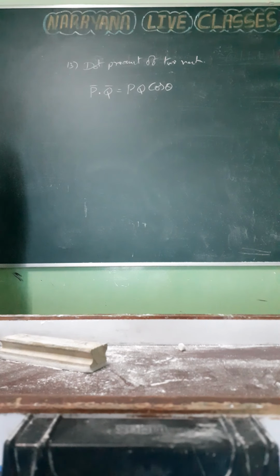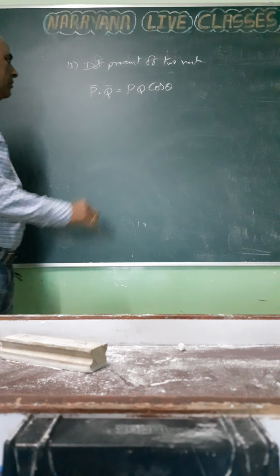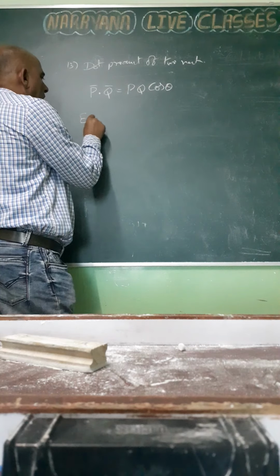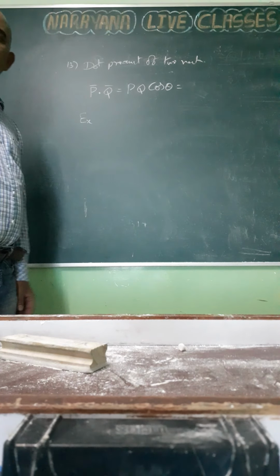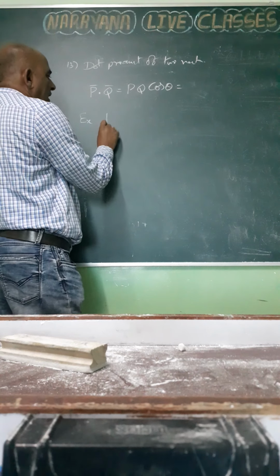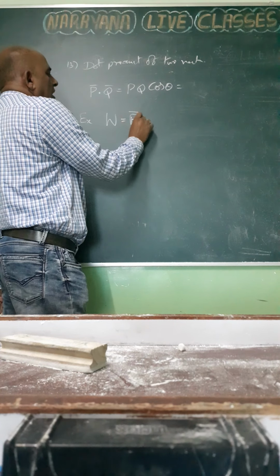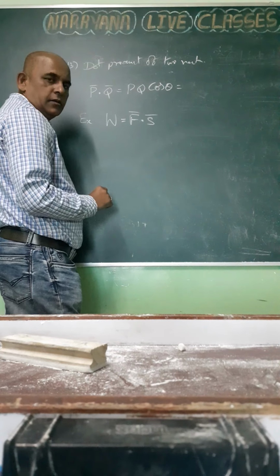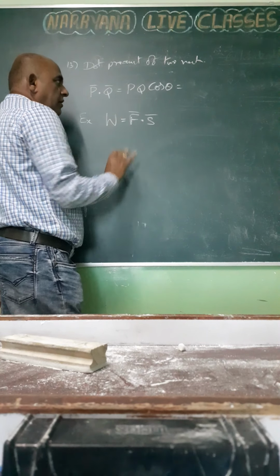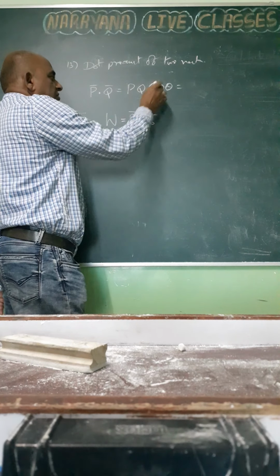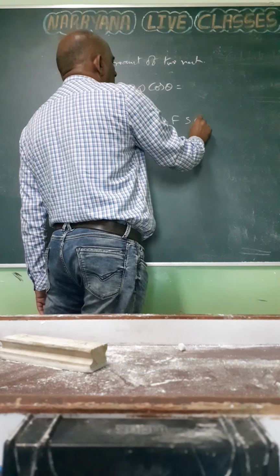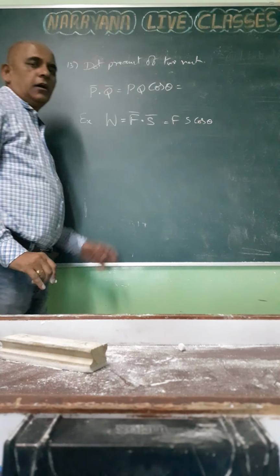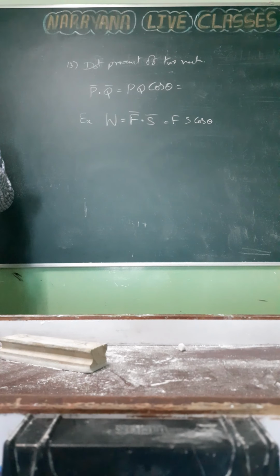Dot product of two vectors, pq cos theta, and it is a scalar. Dot product of two vectors becomes a scalar. Example, work done is equal to force dot displacement. So we have to do the dot product: the magnitude of force F times S cos theta. Theta is the angle between the two vectors p bar and q bar.